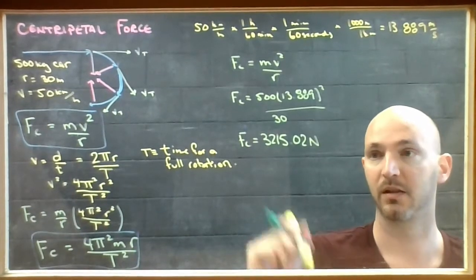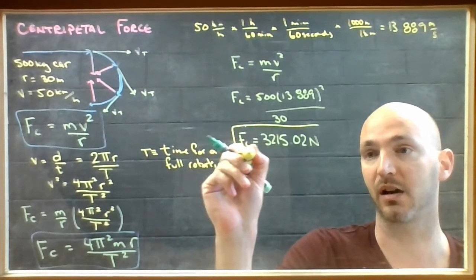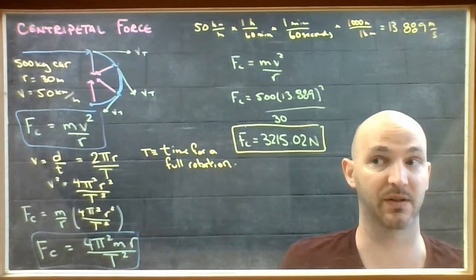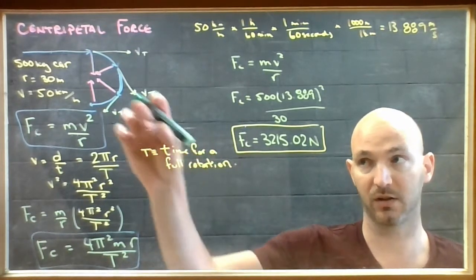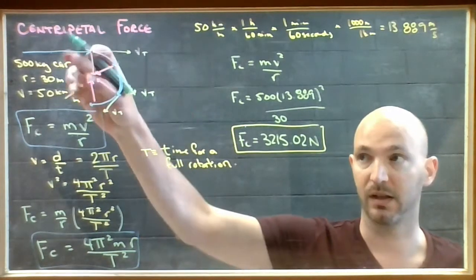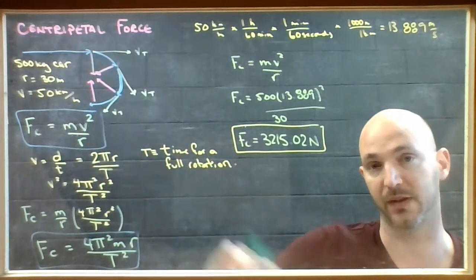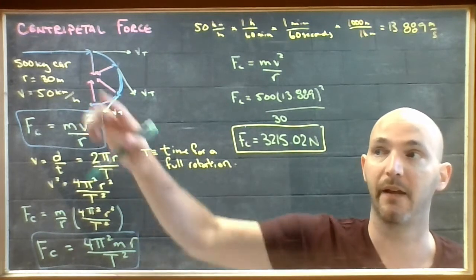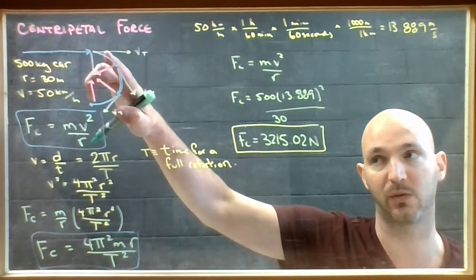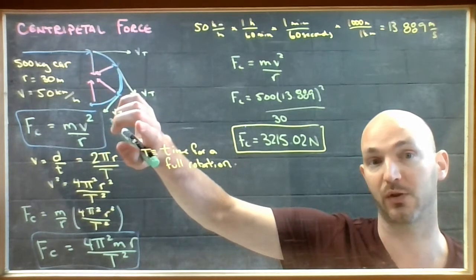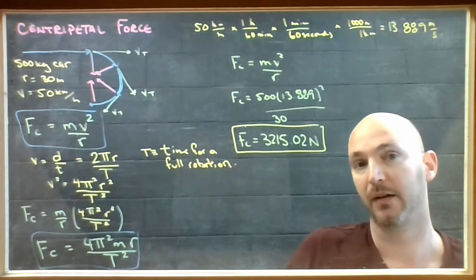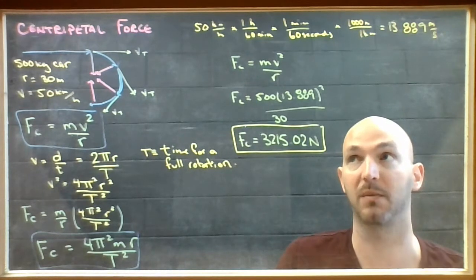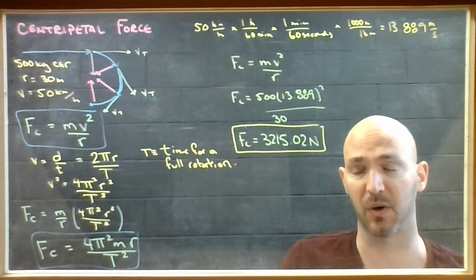All right, so this car requires 3,215.02 newtons of force to the right in order to bend it around this circular path. And if it can't get that amount of force pulling it in, it will travel on a circle with a slightly larger radius. And that's fine as long as you're on a big flat tarmac surface like a parking lot.